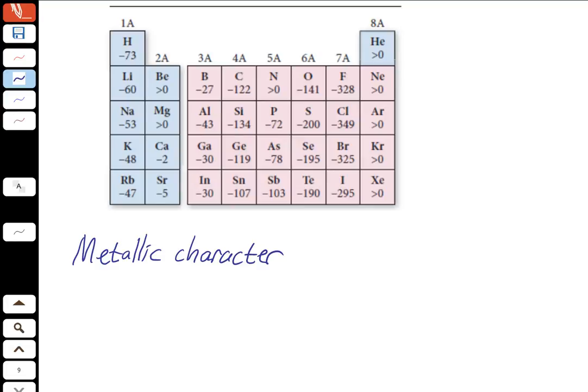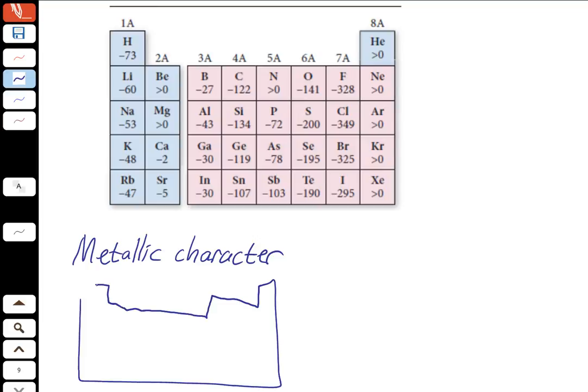And that also goes along with the ionization energy and electron affinity trends, as you might expect, because the higher the electron affinity, the higher the ionization energy, the less metallic it is. Metal should be more easily ionized. So metallic character trends down and to the left.